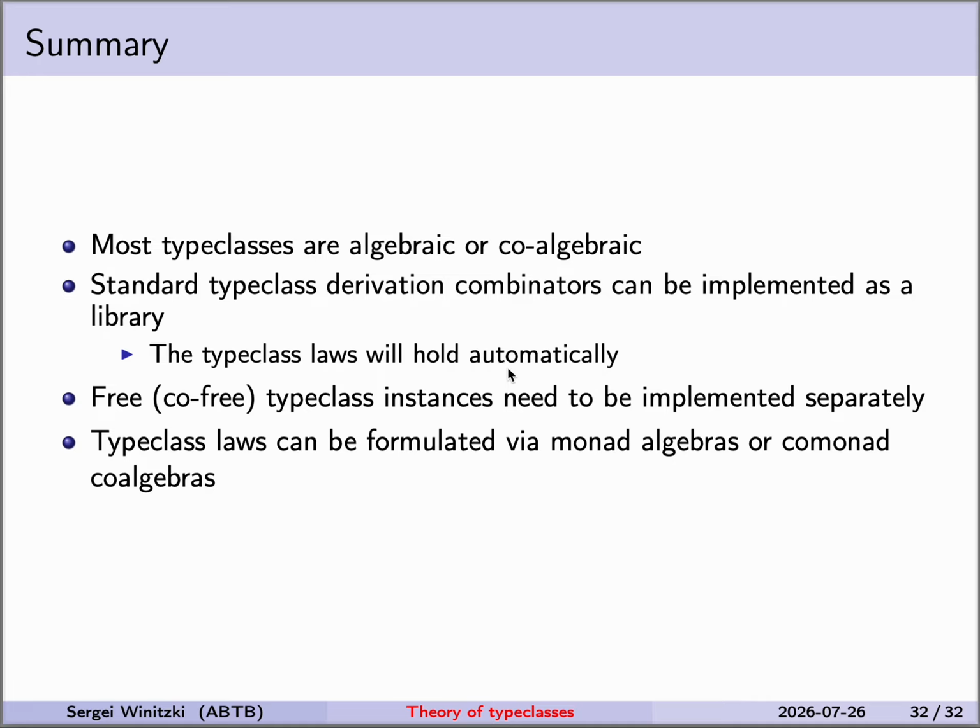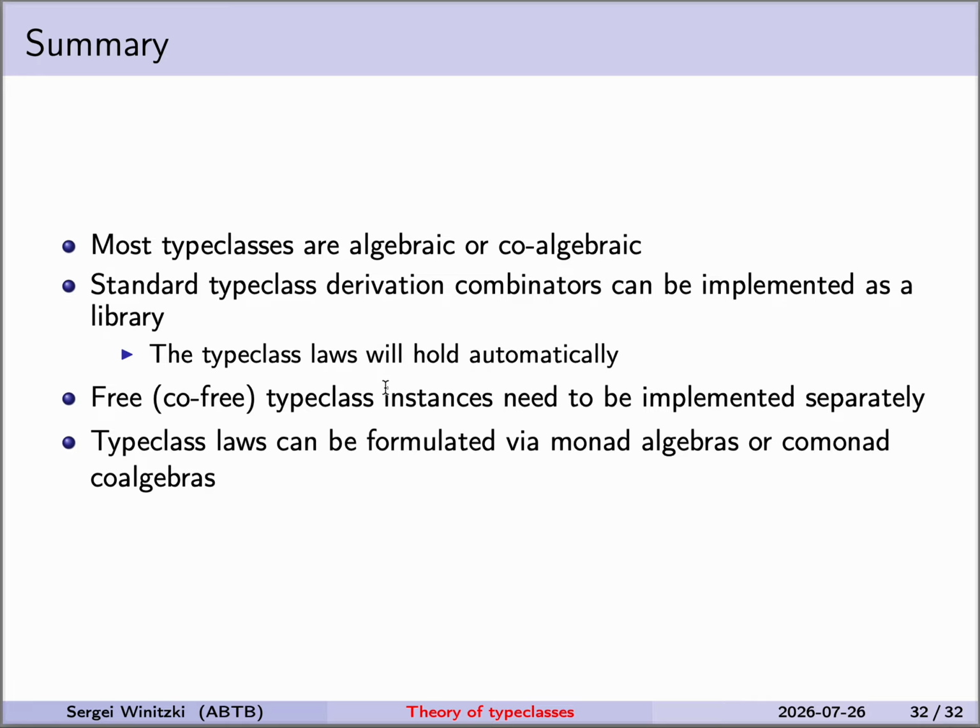And for algebraic and for coalgebraic type classes, there are separate derivation combinators or derivation patterns for which you can implement as a library the combinator functions. And those combinator functions are guaranteed to produce new type class instances that obey all the laws. And you can prove in advance for all type classes, for all possible laws, that this is so.